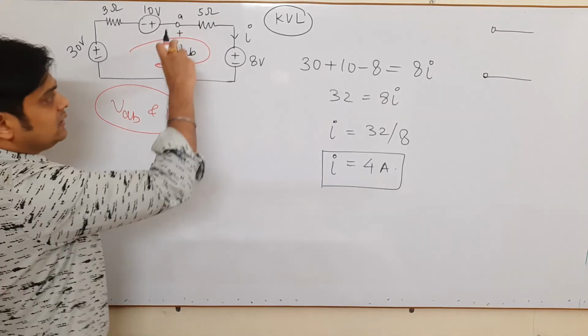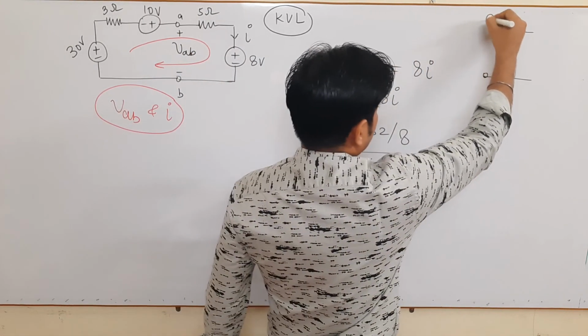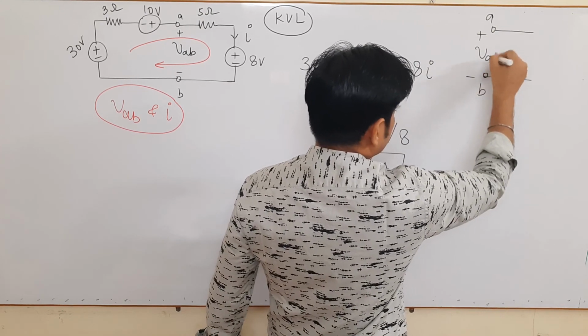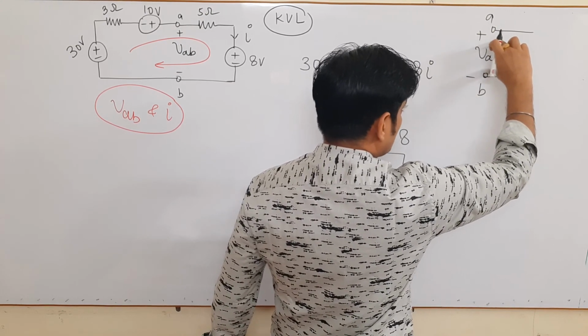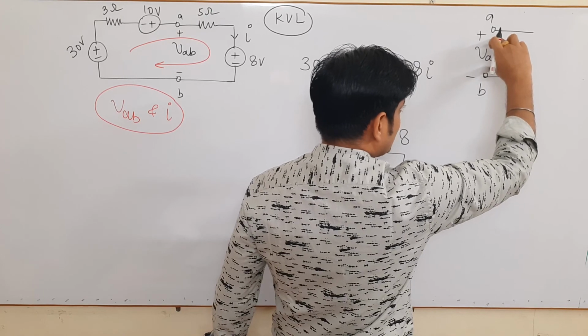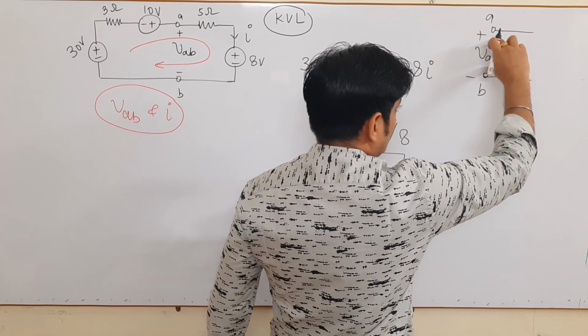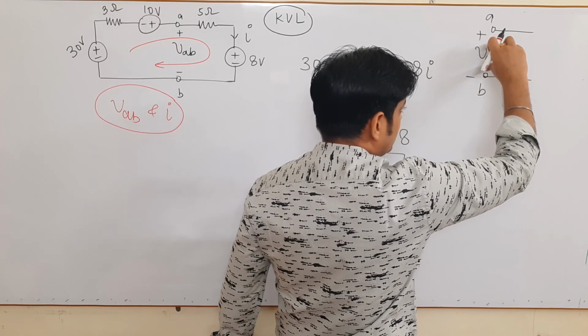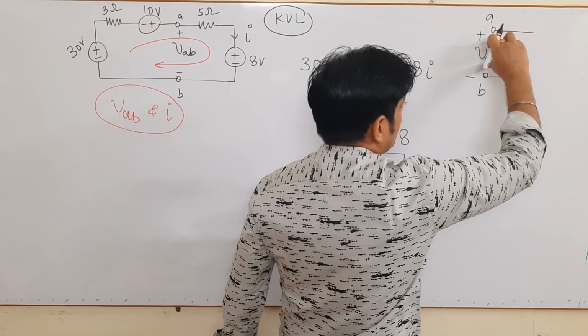If you see these two terminals A and B, the voltage across them I have mentioned as VAB. So basically this voltage is an open circuit voltage appearing across these two terminals. It is not connected, but yes, there is some voltage appearing across these two terminals.